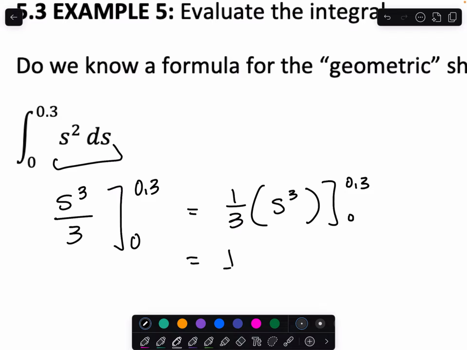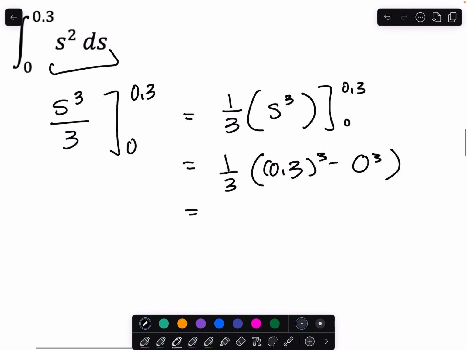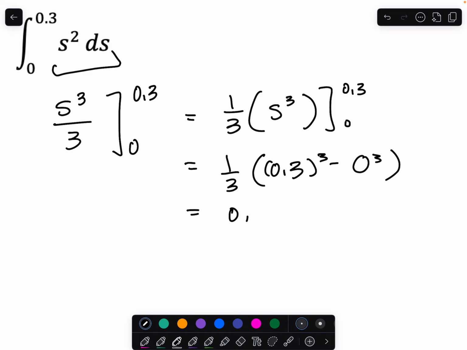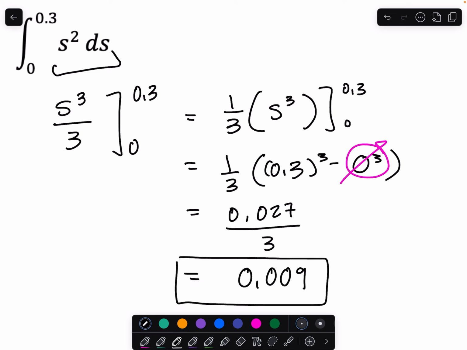So the 1/3 comes in front as a constant multiple, and 0.3 quantity cubed minus 0 cubed. 0.3 cubed is 0.027 over 3, and then minus 0, that term of course goes away. So when I divide this by 3, the area under the curve is 0.009.